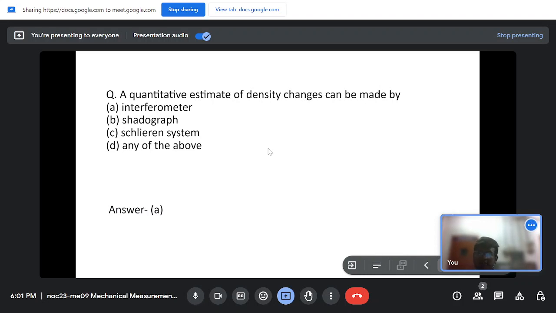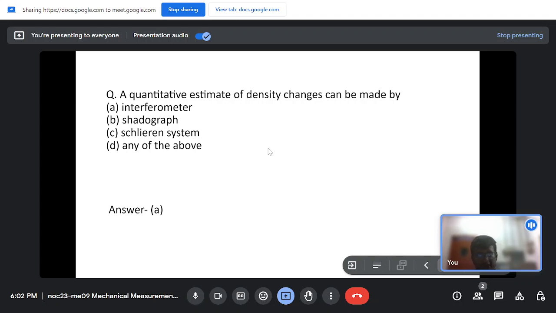Interferometer. In the interferometer, fringes are formed, while the others give you contrast in image or illumination. So in an interferometer you can quantify based on the number of fringes, which gives you the variation in density. You have a reference fluid with a known density, and with respect to that you can calculate how much the density varies based on the number of fringes.